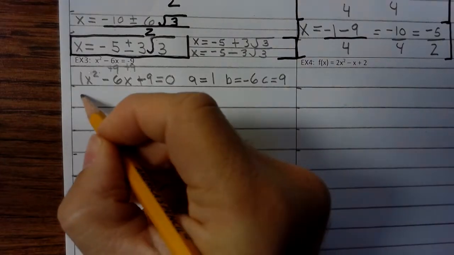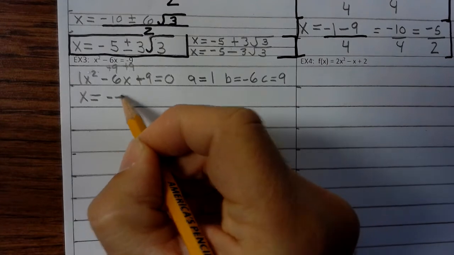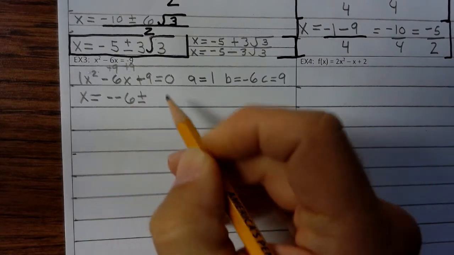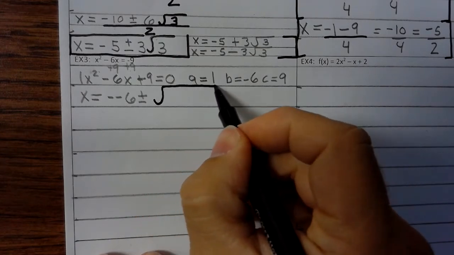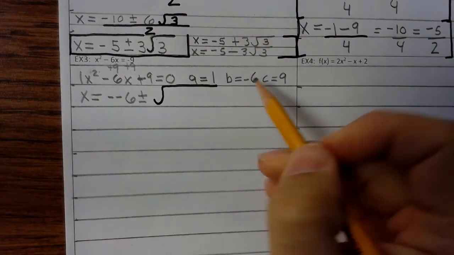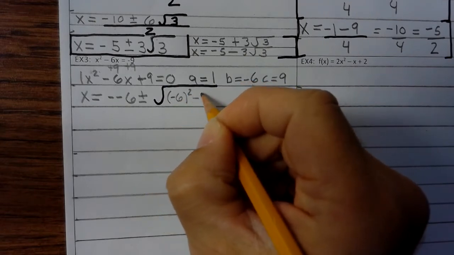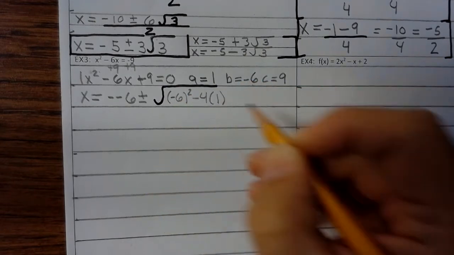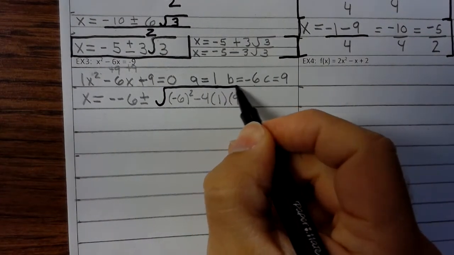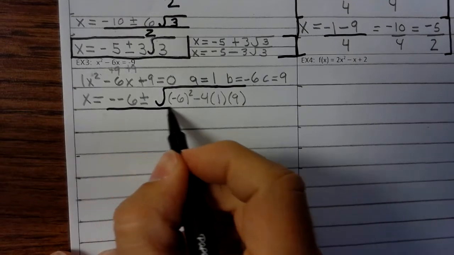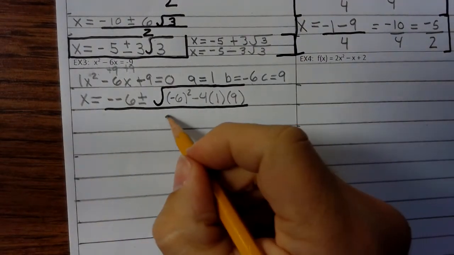Now we're going to substitute those values into the quadratic formula. So x equals negative 6 plus or minus the square root of, now whenever you square a negative, it needs to be in parentheses. So negative 6 squared minus 4 times 1 times 9, divided by 2 times 1.